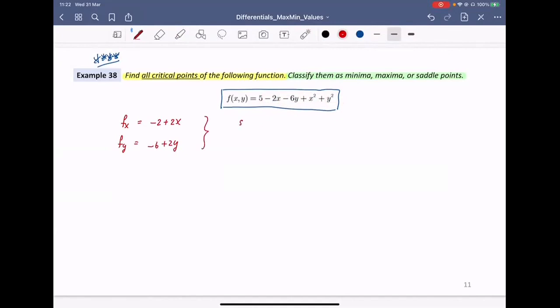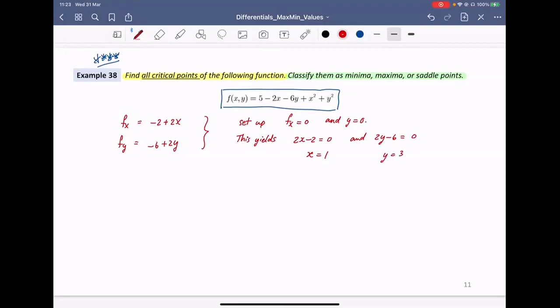From here, we set up the equations fx equal to 0 and fy equal to 0. This yields 2x minus 2 equal to 0 and 2y minus 6 equal to 0, which give x equal to 1, and y equal to 3.